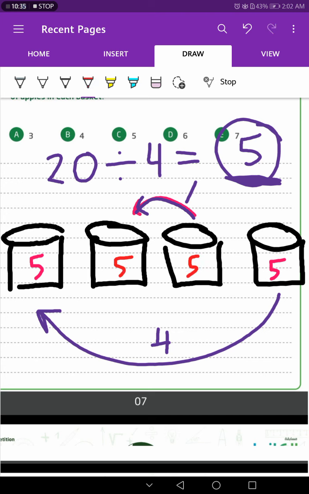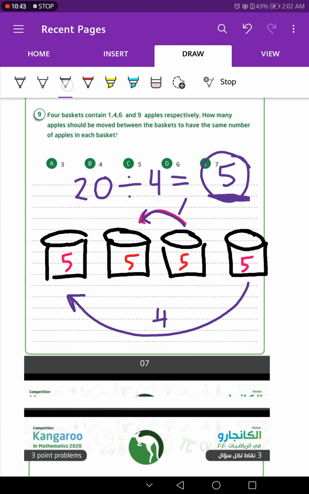Now I share the 20 apples equally. Now how many apples did I move? This is the question. See the question here. How many apples should be moved between the baskets?